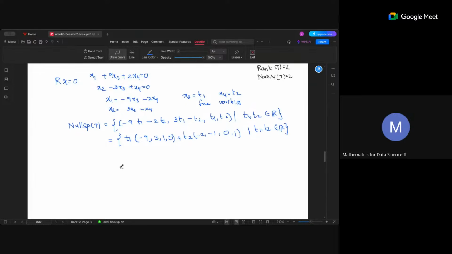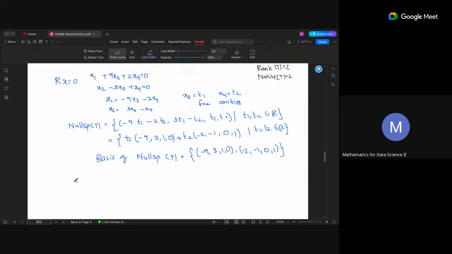So you see that the basis of the null space of T is these two vectors: (minus 9, 3, 1, 0) and (minus 2, minus 1, 0, 1).